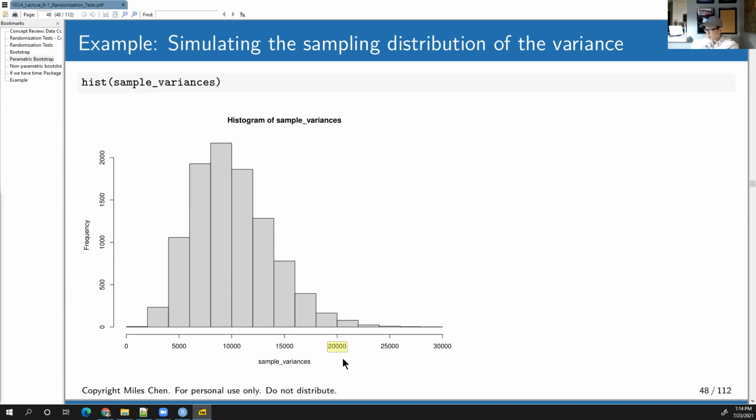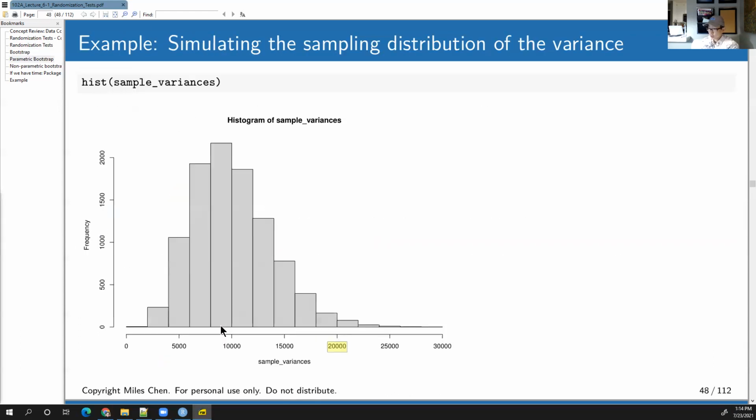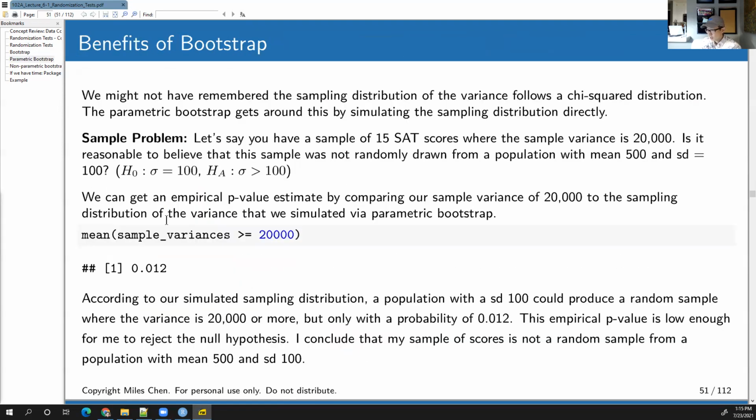We could try to figure this out using the theoretic distribution, but here we've created the sampling distribution by resampling using parametric bootstrap. So out of 10,000, how many samples ended up with variances over 20,000? Here I've got all of my sample variances. How many of those are greater than 20,000, and what's the proportion?